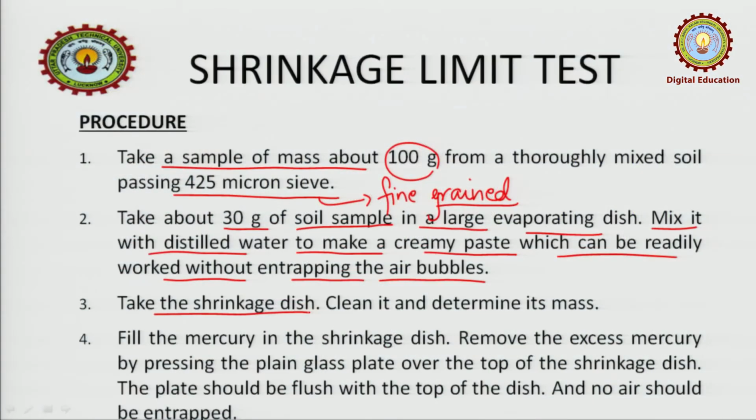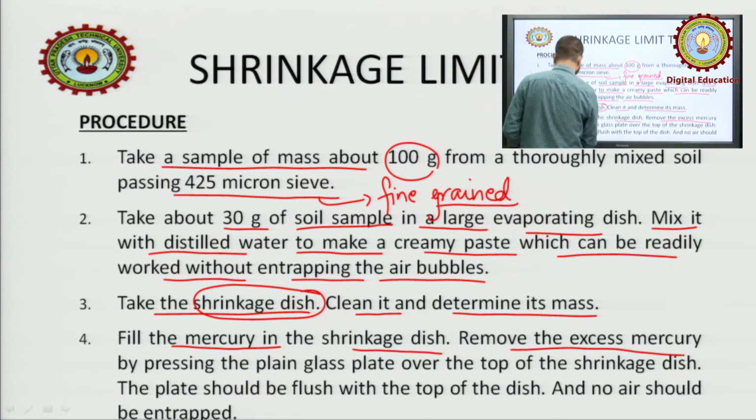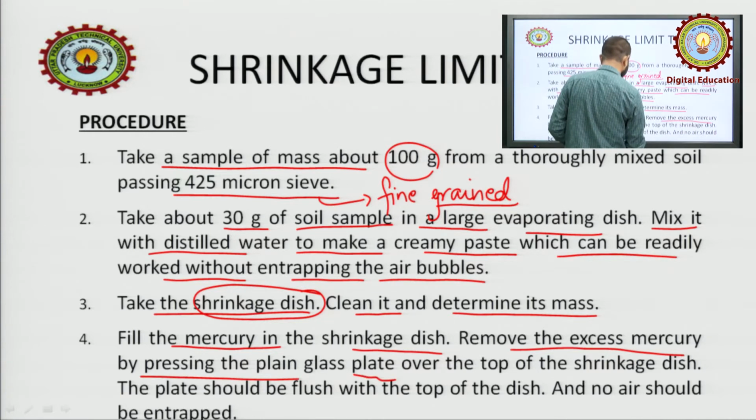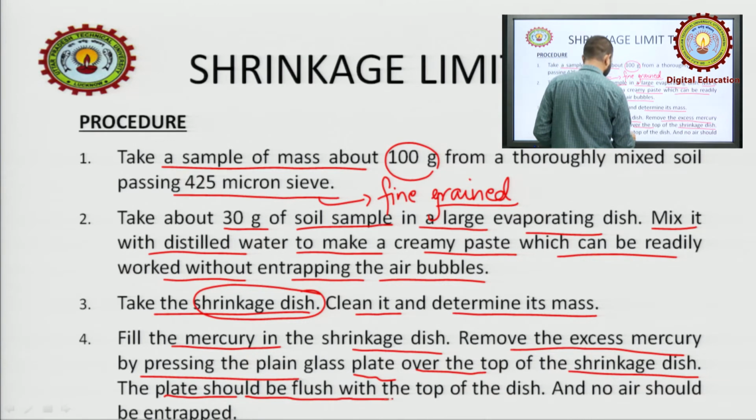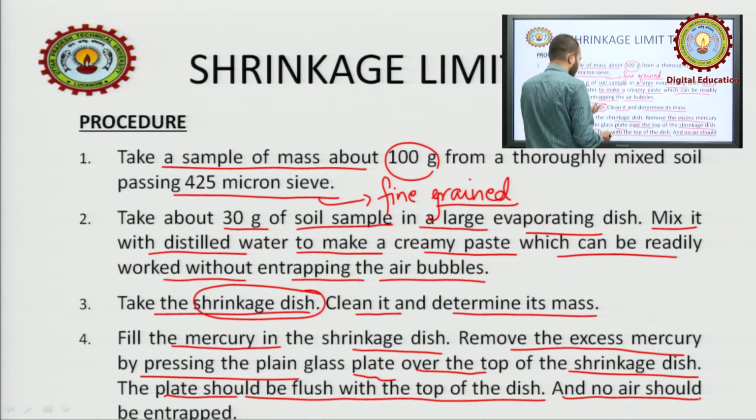Take the shrinkage dish, clean it, determine its mass, okay. This is for the empty shrinkage dish, we will determine its mass. Fill the mercury in the shrinkage dish, remove excess mercury by pressing the plain glass plate over the top of the shrinkage dish. The plate should be flush with the top of the dish, there should be no air. What does this mean? First of all, you have a shrinkage dish.